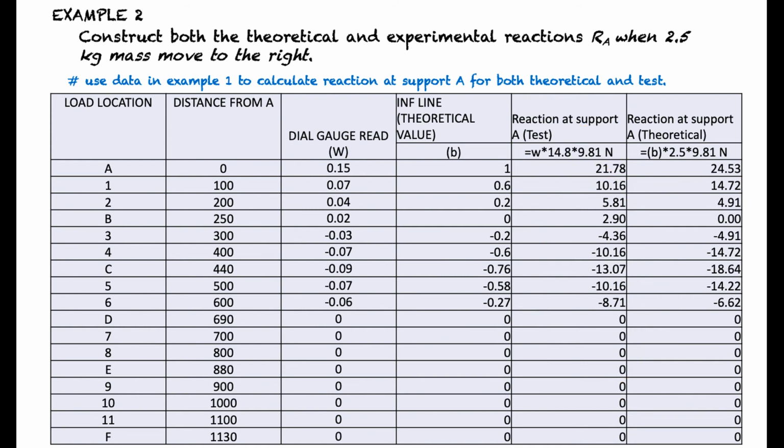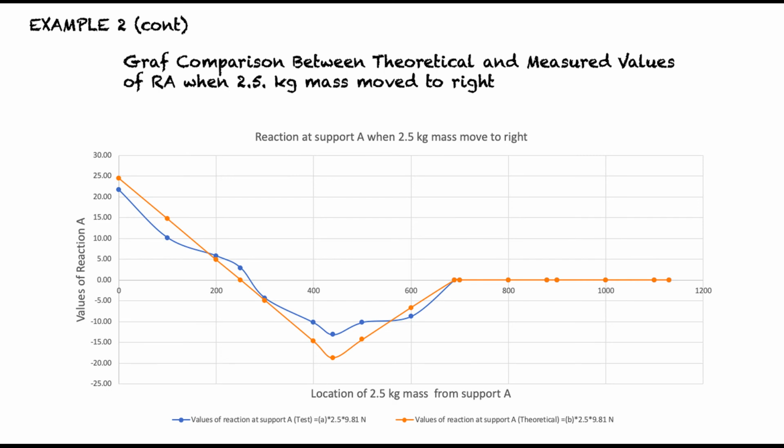So we have the support reaction at A from the experimental, and then we compare with the theoretical support reaction obtained by using the ordinate of the influence line, times the mass 2.5, times 9.81 to change it to newton. Again, we need to compare it, and it is better to do so in a graph.